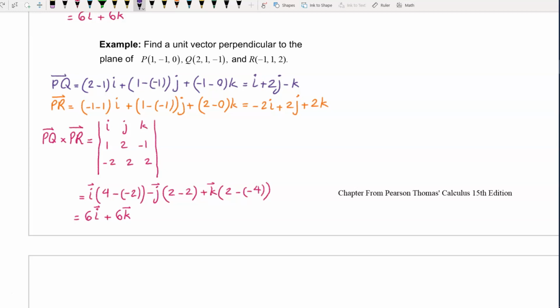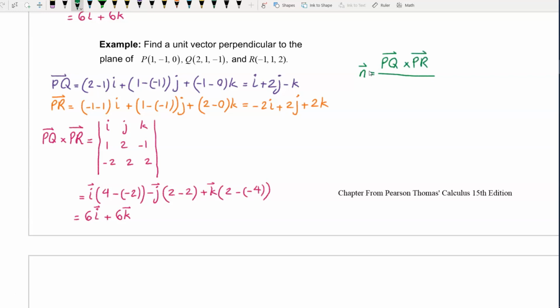And PQ cross PR was equal to determinant ijk. And what we did, we used on the second row PQ and on the third row PR. And the result was equal to 6i plus 6k. Now finding our unit normal vector, it is equal to what we had here on this part, PQ cross PR.